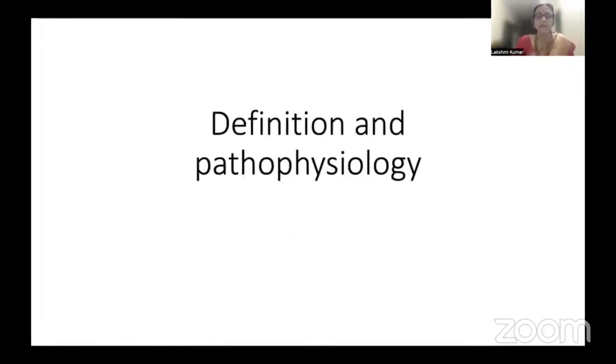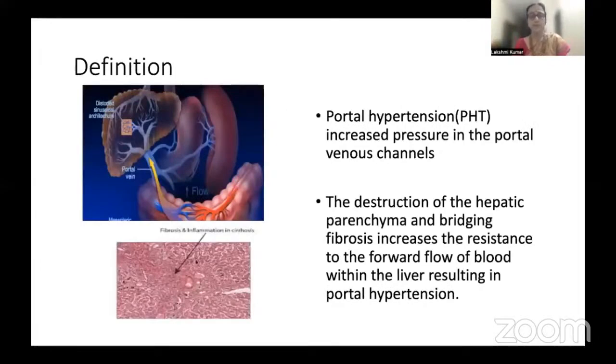Now, I'll come to the definition and pathophysiology of portal hypertension. In the background of development of portal hypertension is the destruction of the normal structure of the hepatocytes. The normal hepatic architecture is destroyed with initial neutrophil inflammation, bridging fibrosis, and then this fibrosis actually causes a resistance to the normal passage of blood in the portal veins and the portal system.